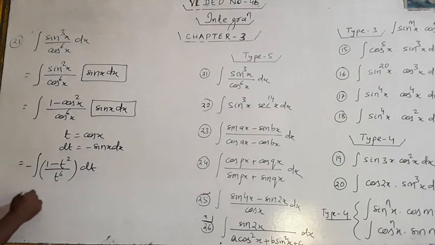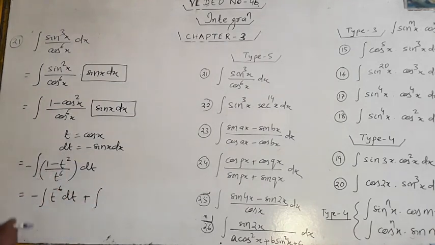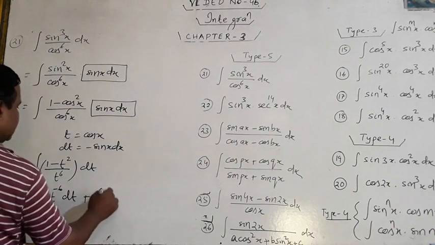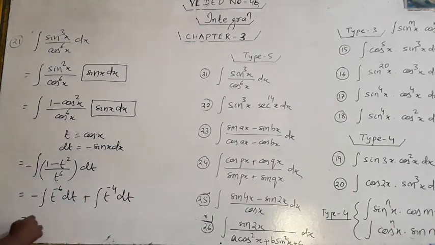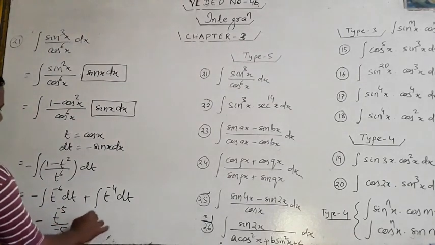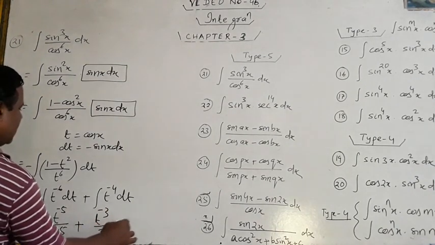Minus, and its integration becomes 1 by t6 is t to the power minus 6 plus 1 by t square by t6, it is t minus 4 dt. It is minus t minus 5 by minus 5 plus t minus 3 by minus 3 plus c.